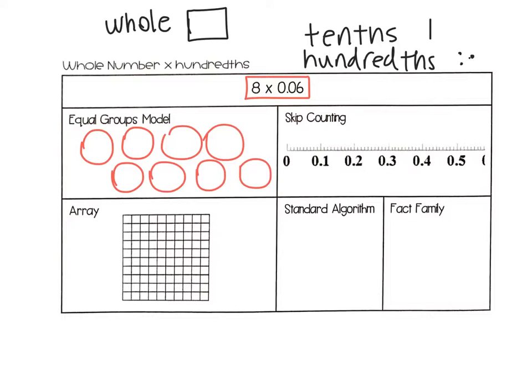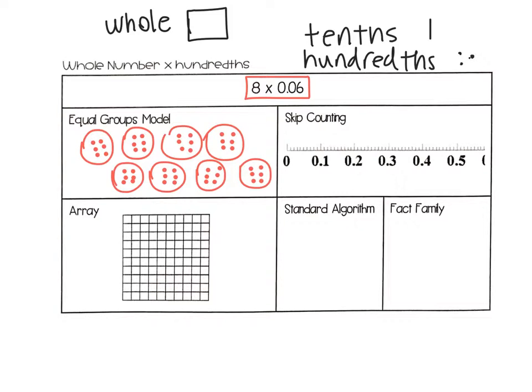So here are my 8 groups, and I know that I want to put 6 hundredths in each group. I'm going to use my little hundredths representation, using that little unit cube, and I'm going to put 6 hundredths in each group. So I have 6 hundredths in each of my 8 groups.